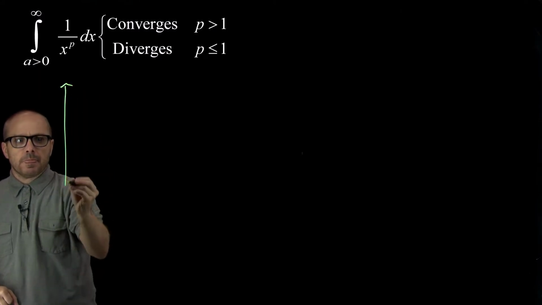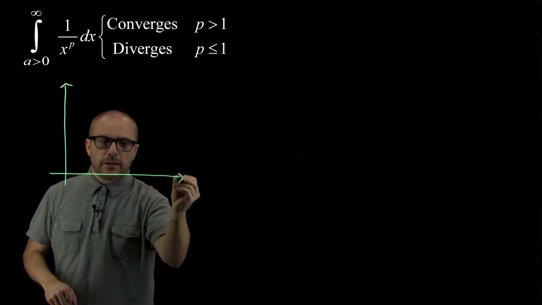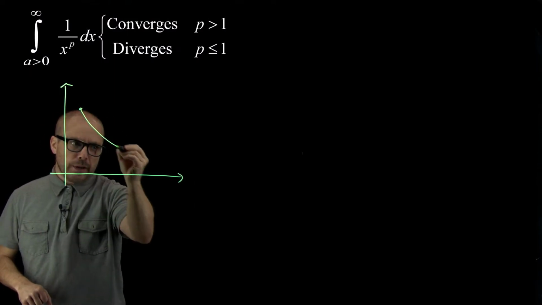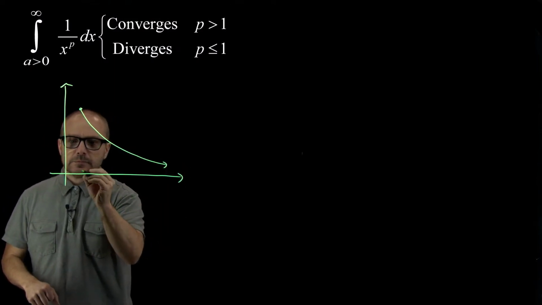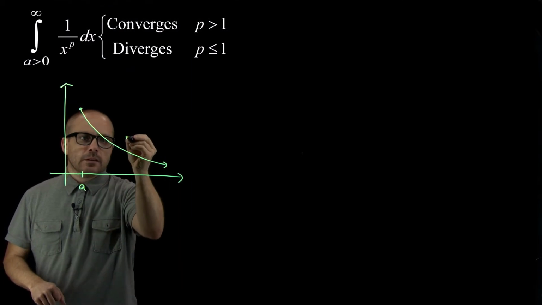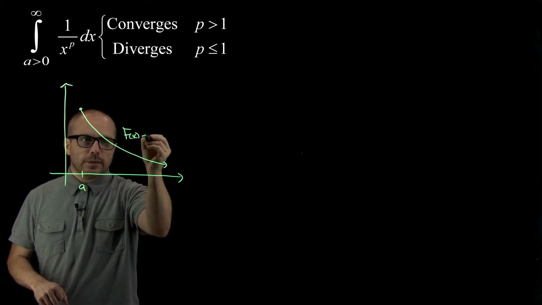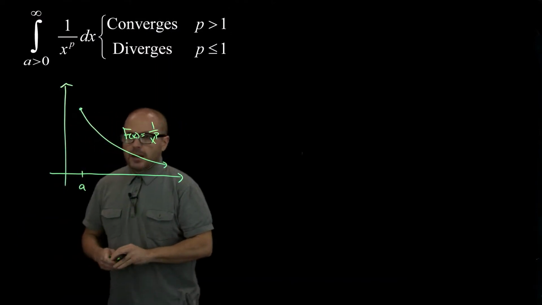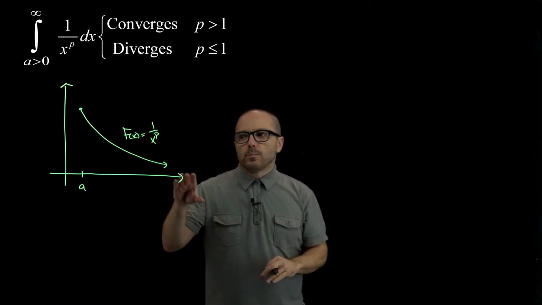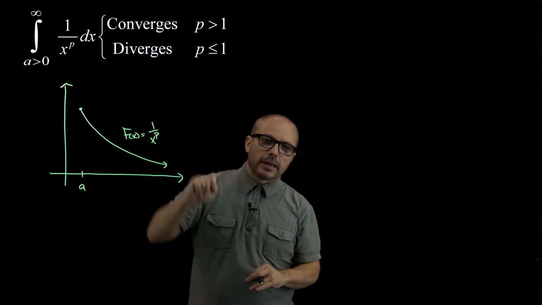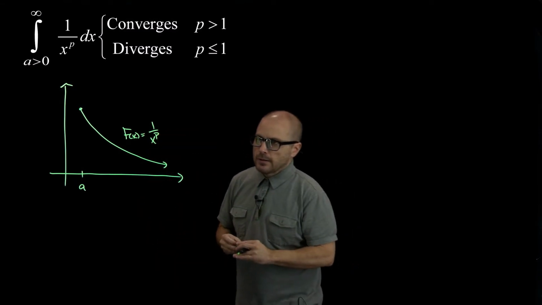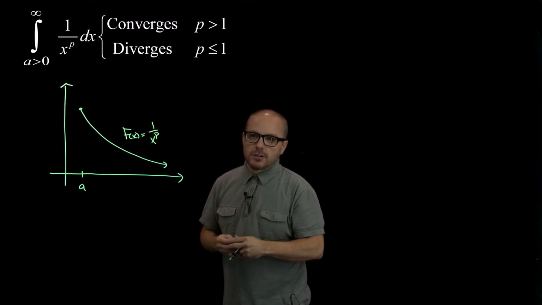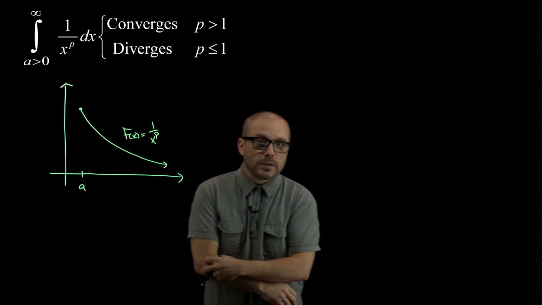We figured out that as long as we're starting past that asymptote, we're looking at something like this, right? And we figured out that really all you had to look at was that power there. If it was greater than 1, the integral converged. If it was less than or equal to 1, it diverged.